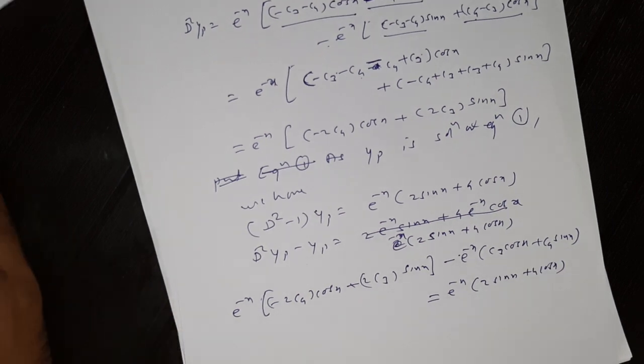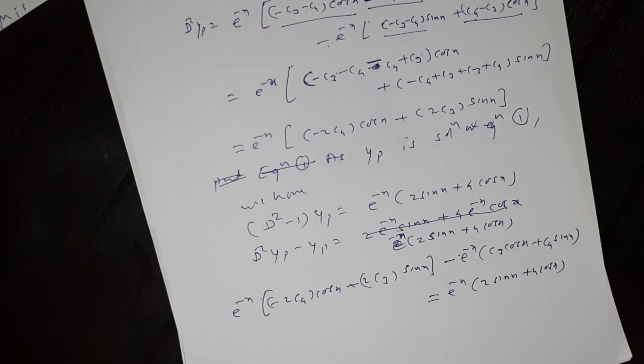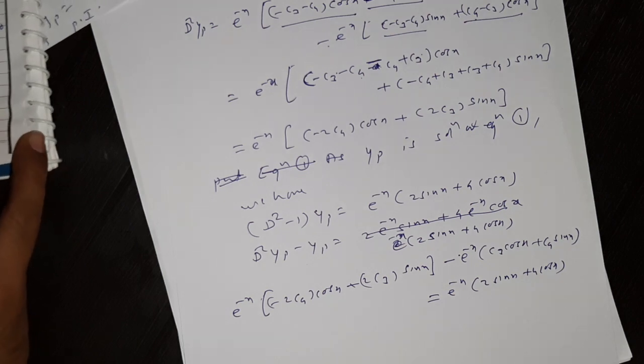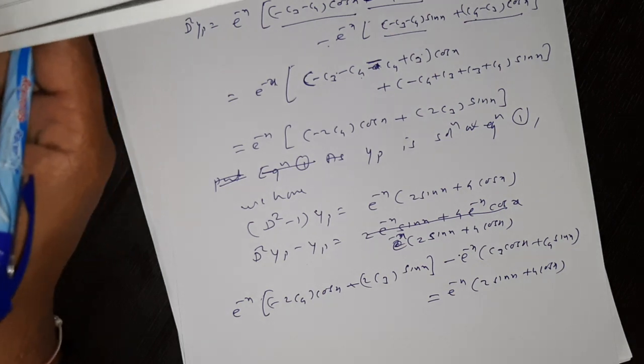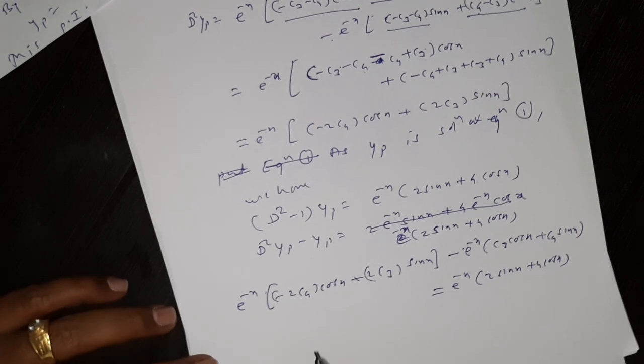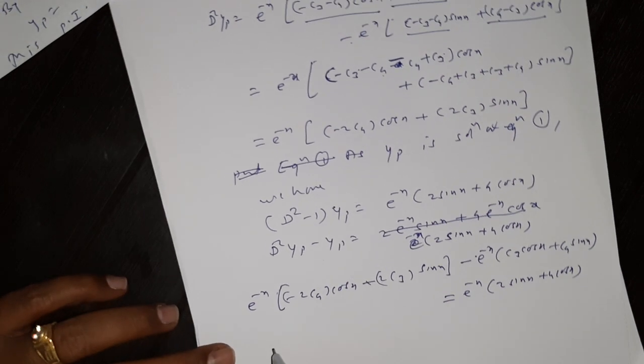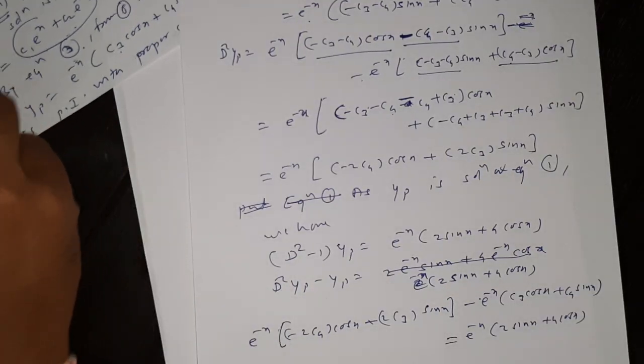So comparing LHS and RHS, we have the values of c3 and c4, and substitute those values of c3 and c4 in this yp.